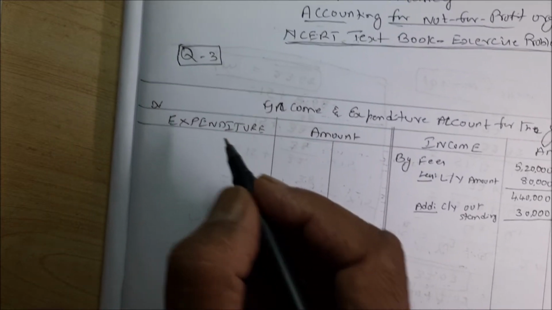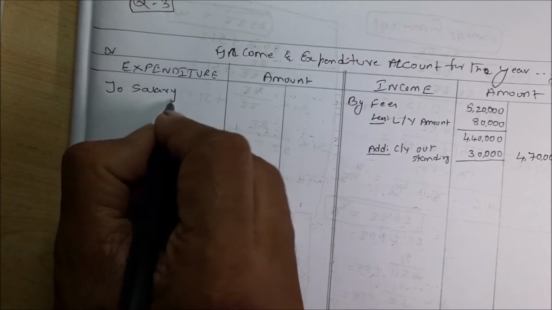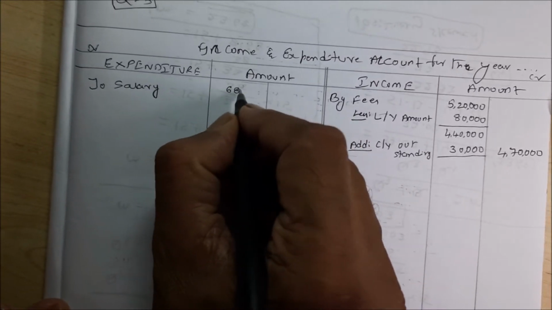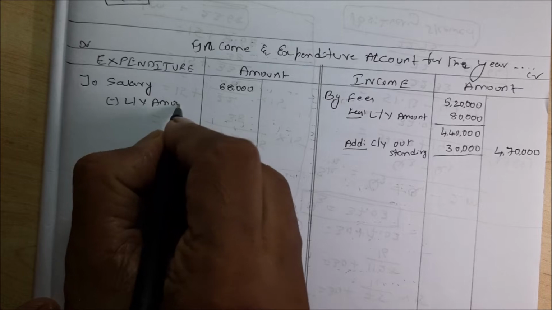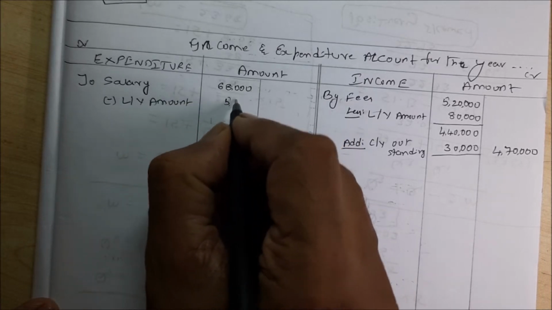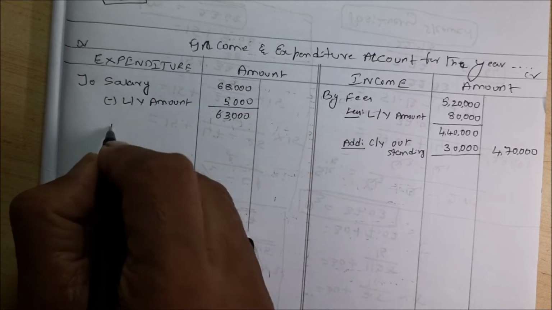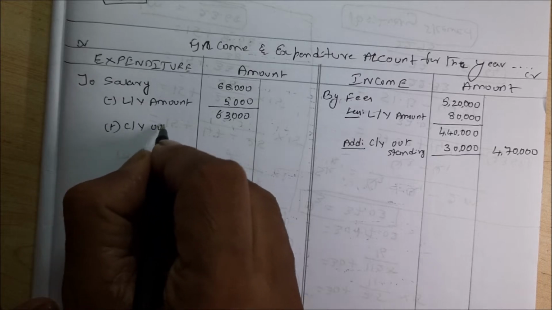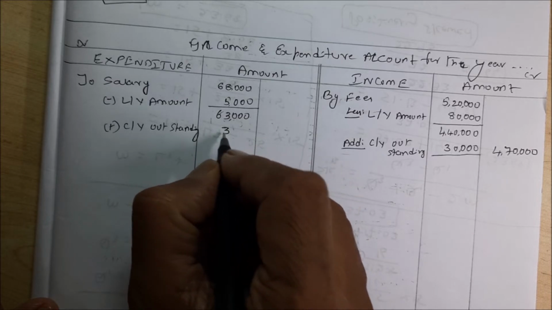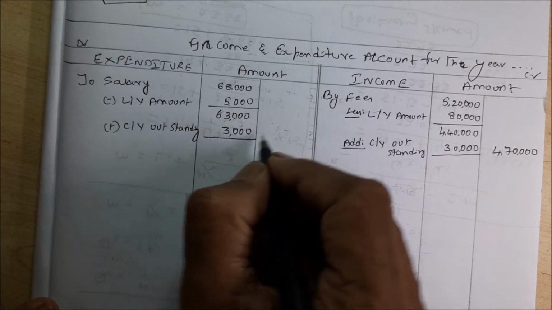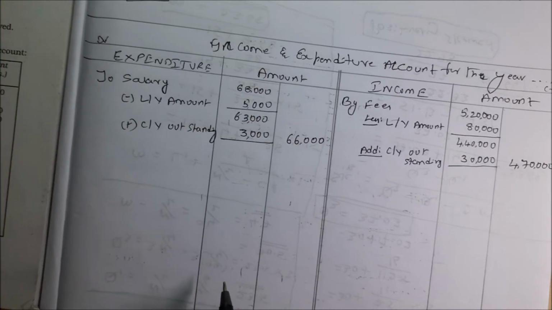So, to salary 68,000, less last year amount 5,000, let it be inner column only, 63,000, add current year outstanding, that is 3,000, then outer column 66,000. Then I will just go through it.